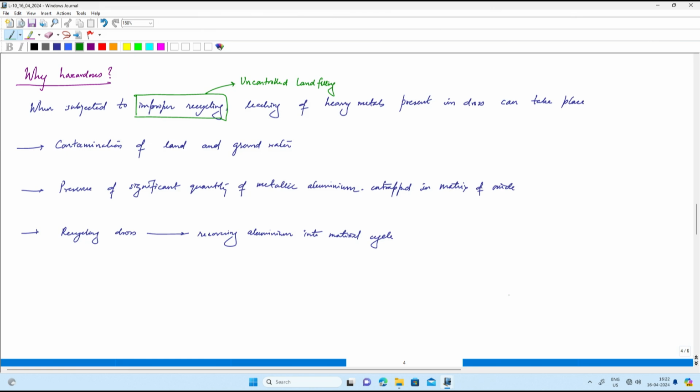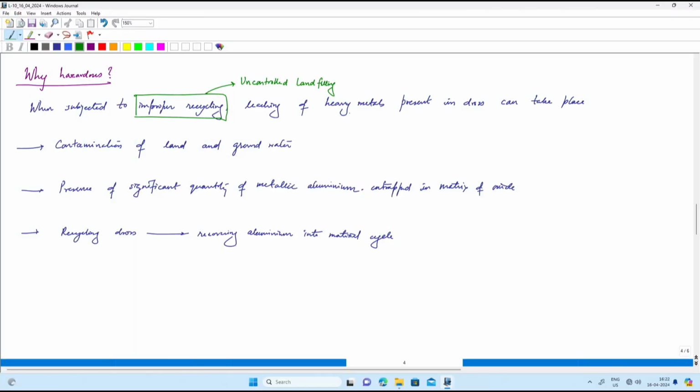What would it do? Basically, dumping aluminium dross in various landfills is not going to help, because as we've just seen, many aluminium-rich phases can be present, and at the same time there is a possibility that there are heavy metals present in dross.